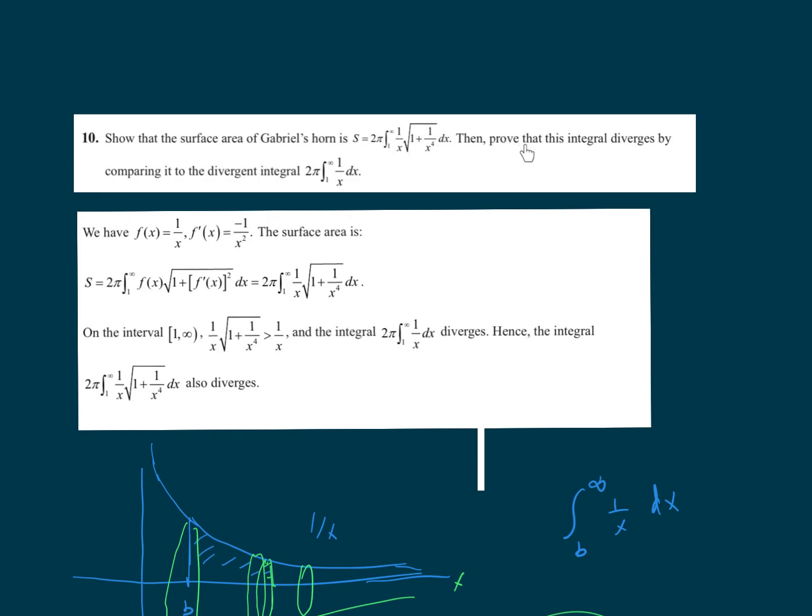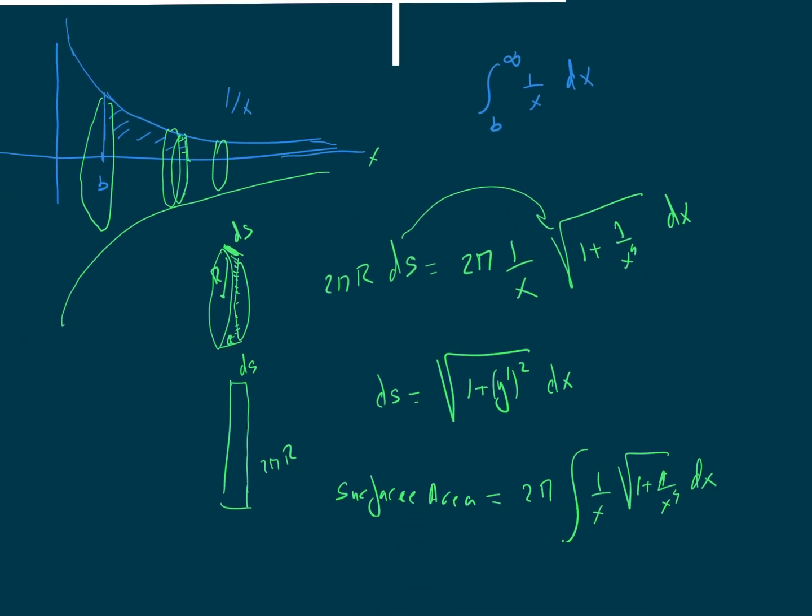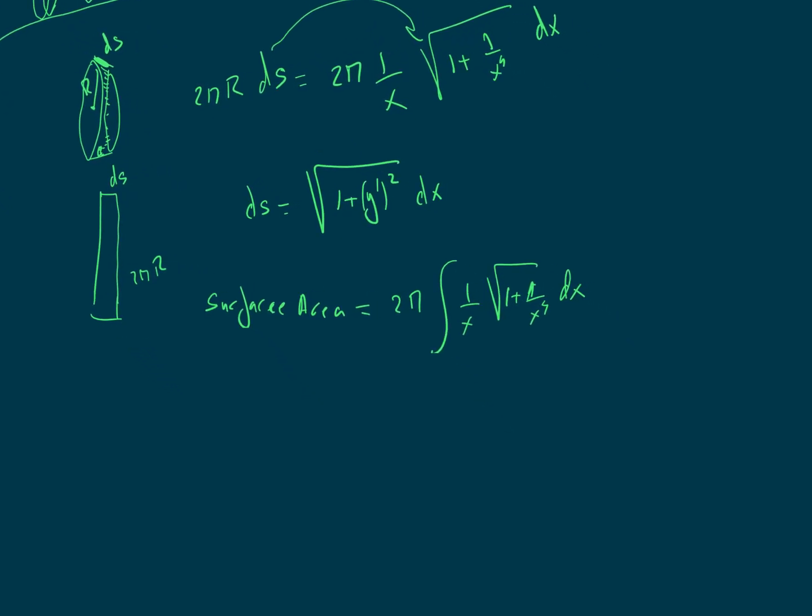Now it says, then prove that this integral diverges by comparing to the divergent integral 2 pi from 1 to infinity of 1 divided by x. Well, to compare this integral, we will do this thing. This is the surface area. Now, this is something that is always bigger than 1.